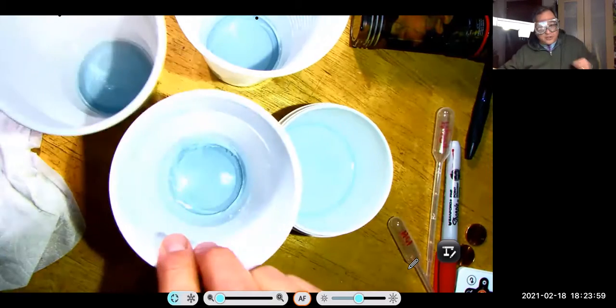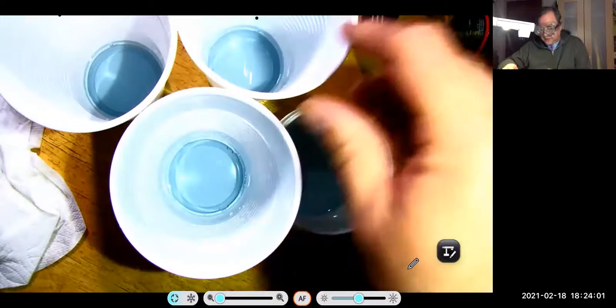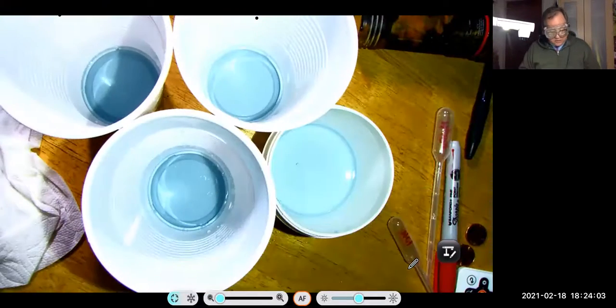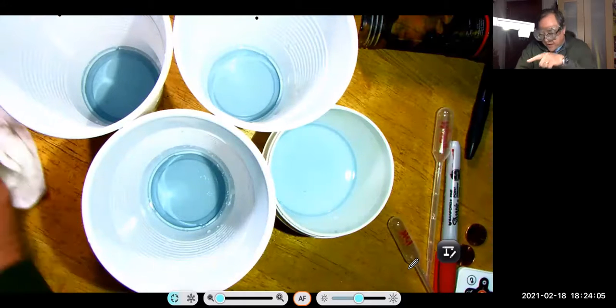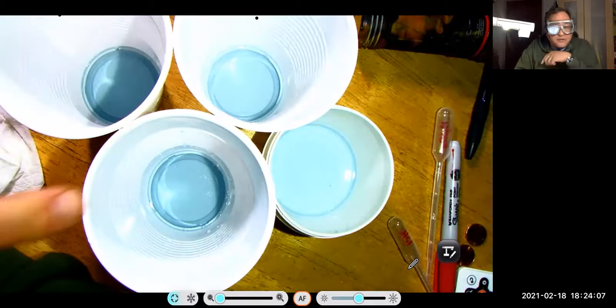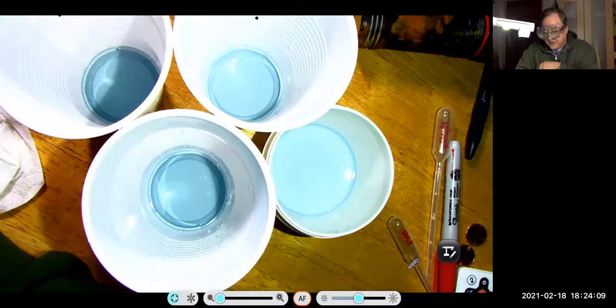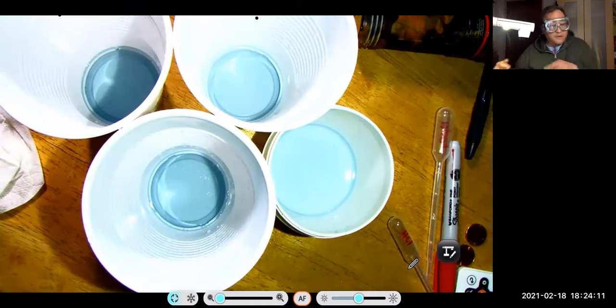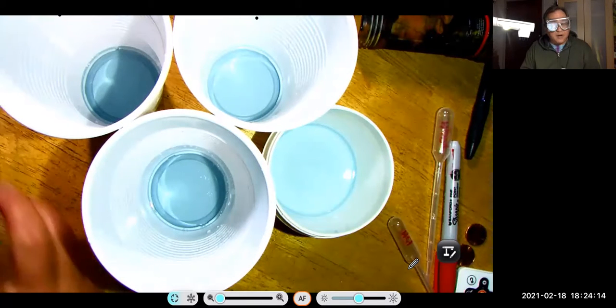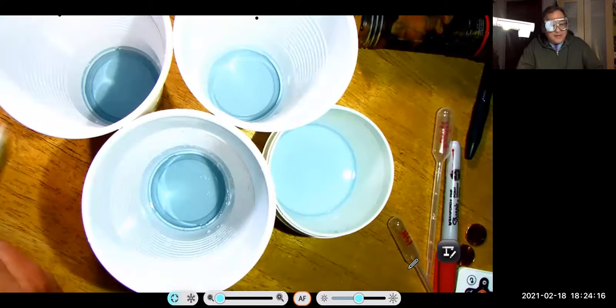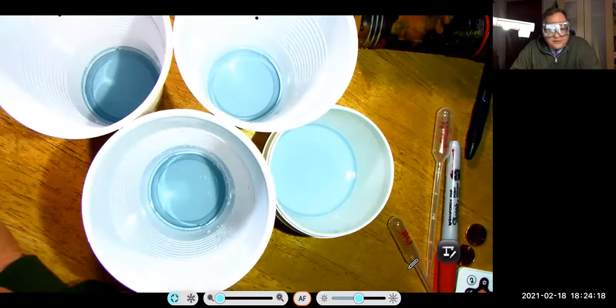Okay, so they pretty much look the same color. So that was the first part. And after you put the acids in here and after you put the bases in here, I want a photo of all 4 of these. And I want to see what final color they have become after you've added the 6 drops.